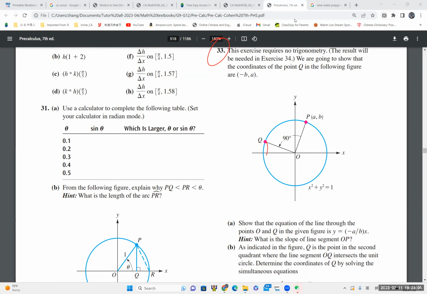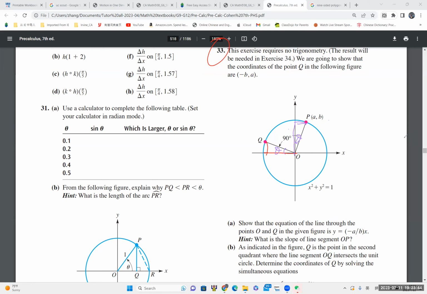I suppose we can make two rectangles, right? This is 1. Let me use a different color. This is another one. So this angle, if we call it theta, then this angle is also theta, correct? Then we have this called AB.